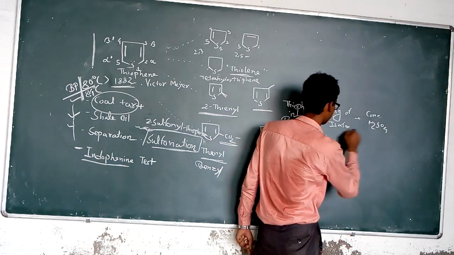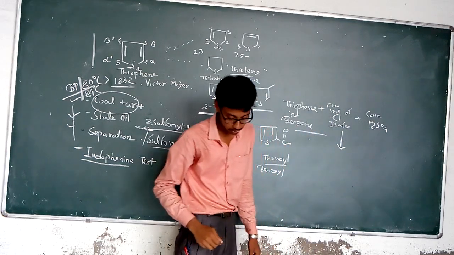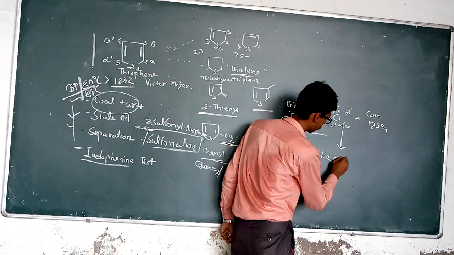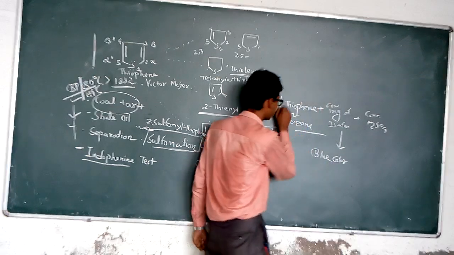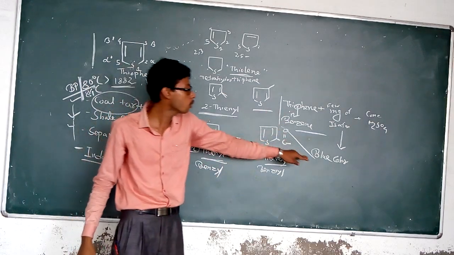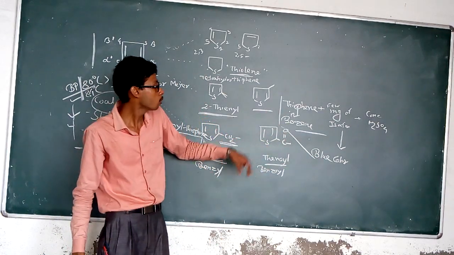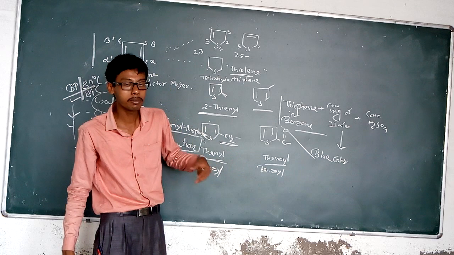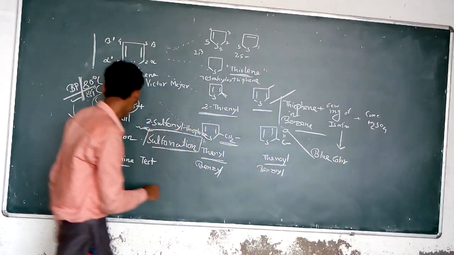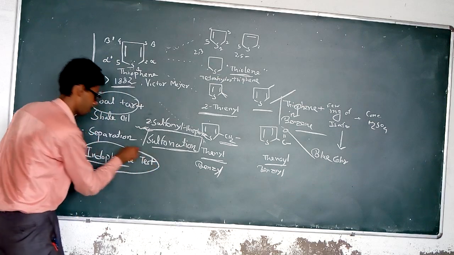This turns blue, which confirms the presence of thiophene in the benzene. If thiophene is absent, the blue color is not observed. So the blue color confirms the presence of thiophene in benzene, and this test is known as the indophenin test.